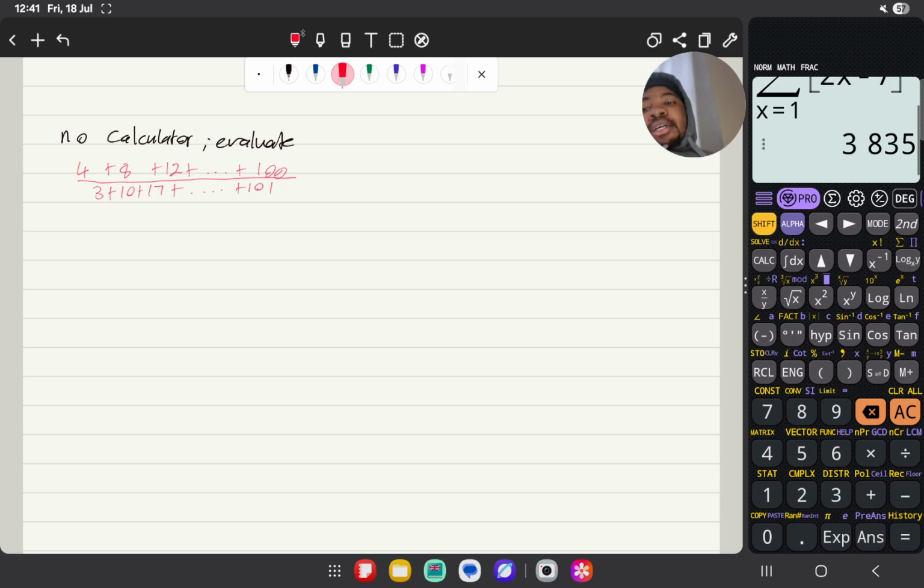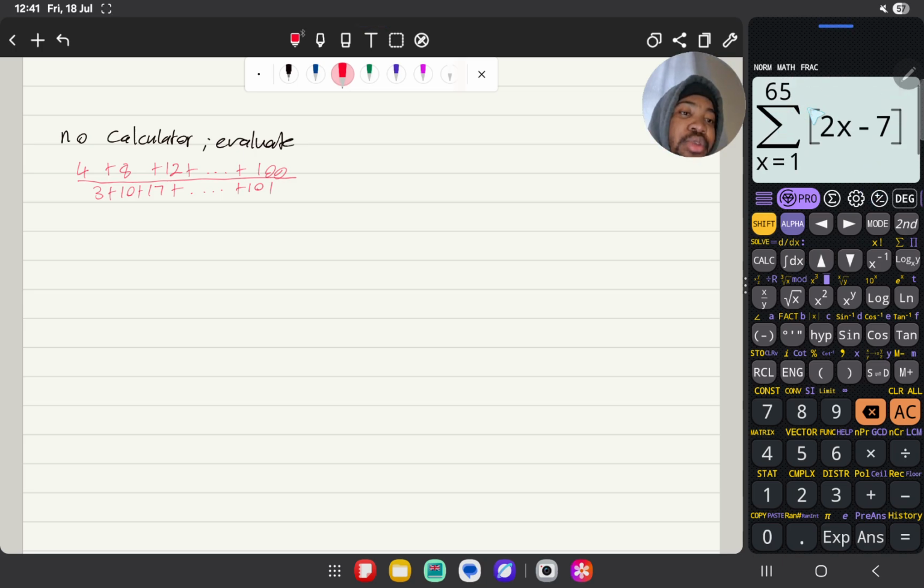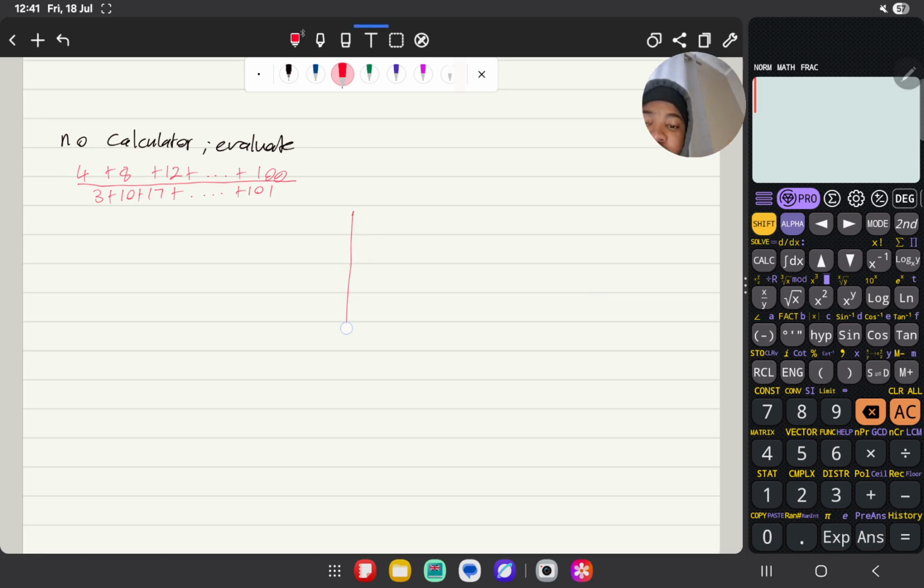So, no calculator, we must evaluate this. By no calculator, they are saying don't go and do this on your calculator. Right, cool. So in this video we're talking about arithmetic series or sequences. You don't have to wonder if these numbers are so, because I'm telling you they are. You have two sequences.